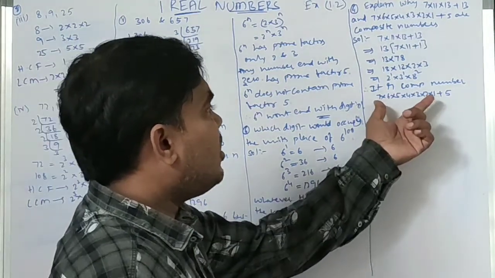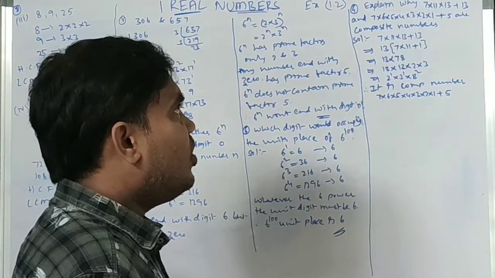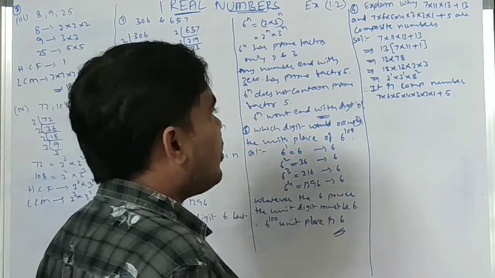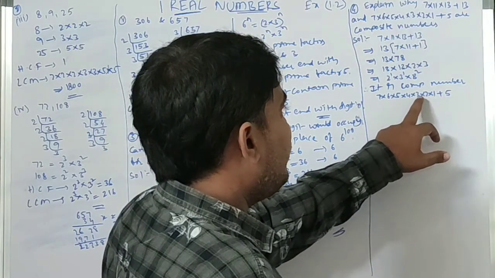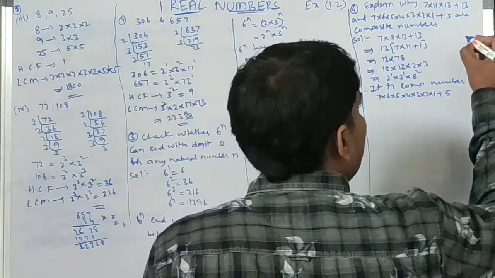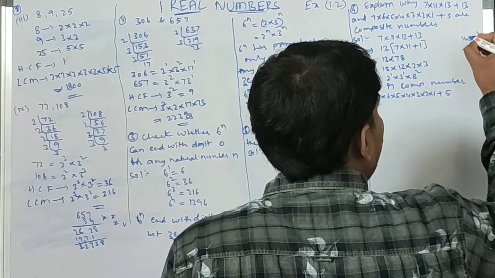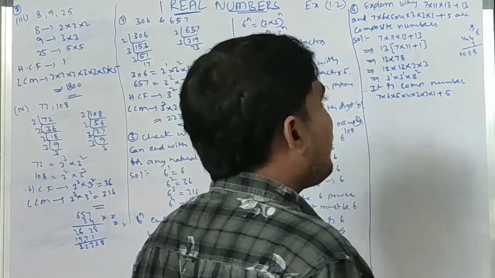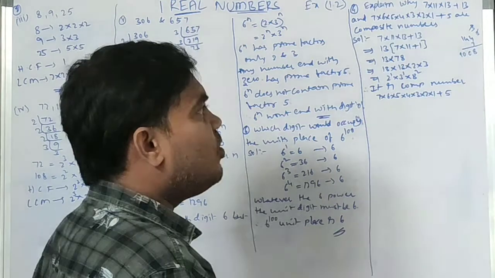So if we take 5 common, the product of the first term: 7 into 6 is 42, 42 into 3 is 126, into 4 is 504, into 2 is 1008. So if we multiply with 5, we will get 5040.